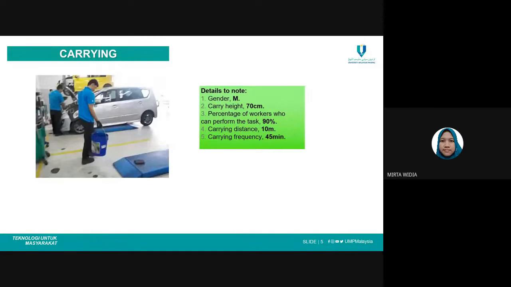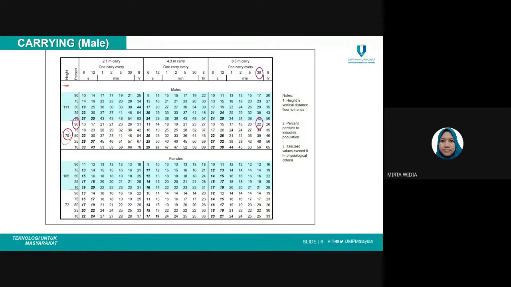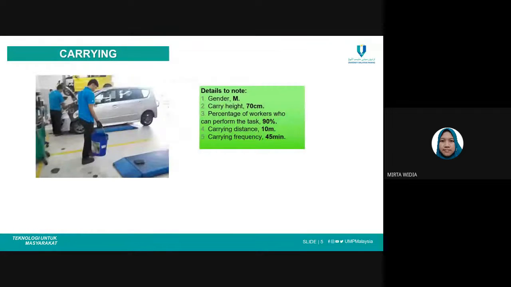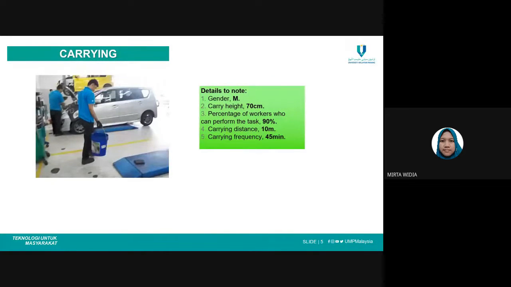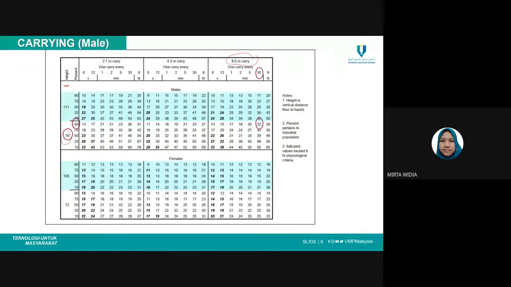And then the percentage of workers who can perform the task is about 90%, so we take 90%. It has 75, 50, 25 or 10. And then the carrying distance is about 10 meters. The closest to 10 meters is the 8.5 meter carry, so we choose this one. Then the carrying frequency is 45 minutes. 45 minutes is nearest to 30 minutes.